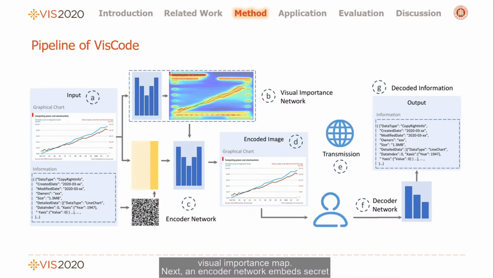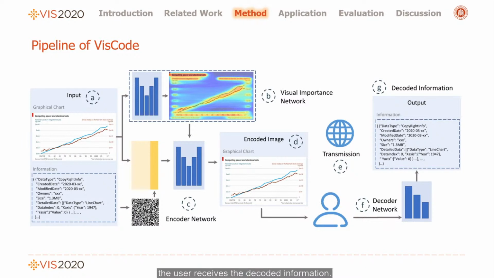Next, an encoder network embeds secret information in the chart. The encoded image is then sent to the user, and the user can send it to others by digital transmission. When a user wishes to obtain the detailed information hidden in the chart, the encoded image can be uploaded to the decoder network. After data recovery and error correction, the user receives the decoded information.